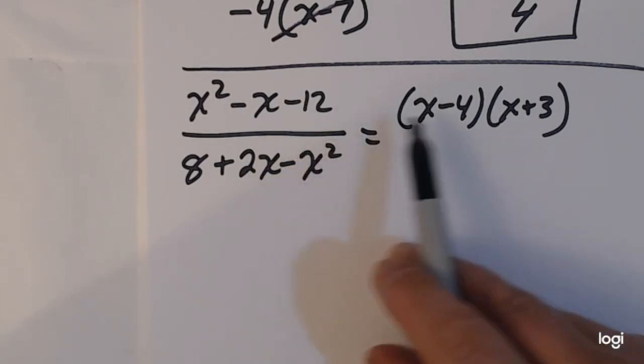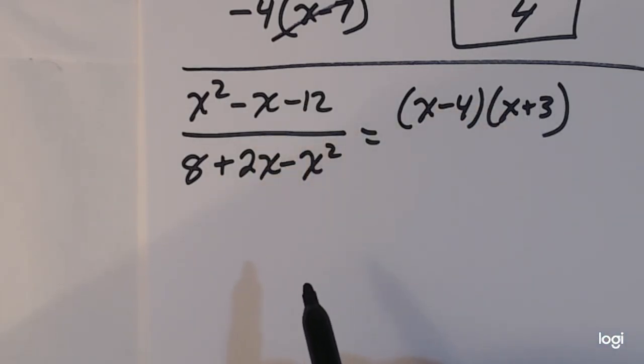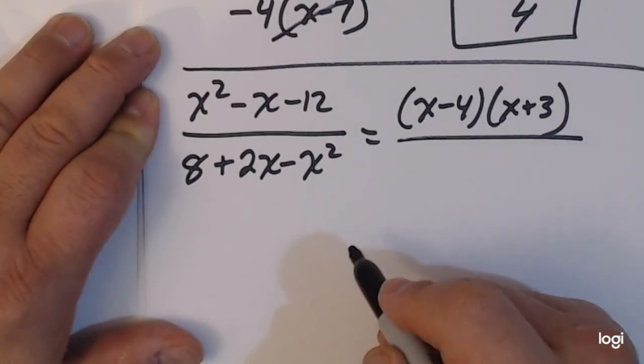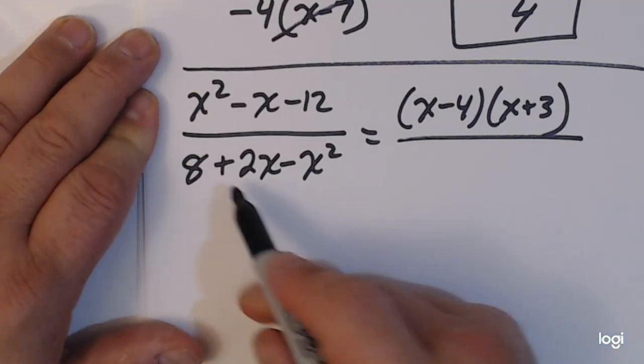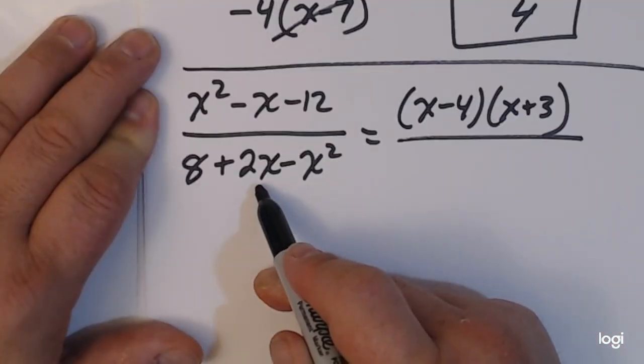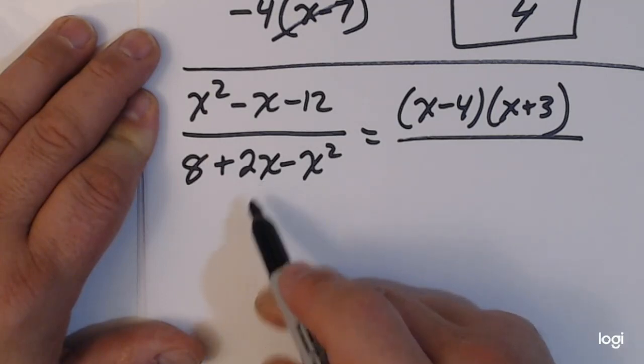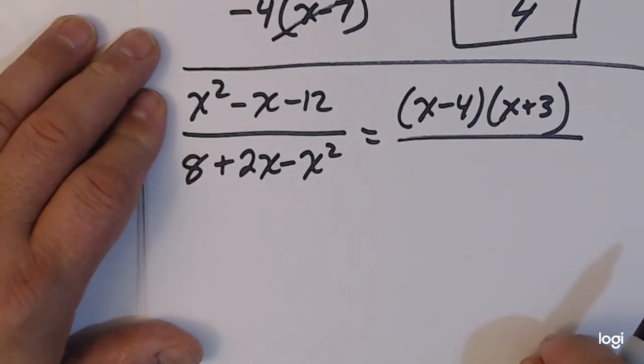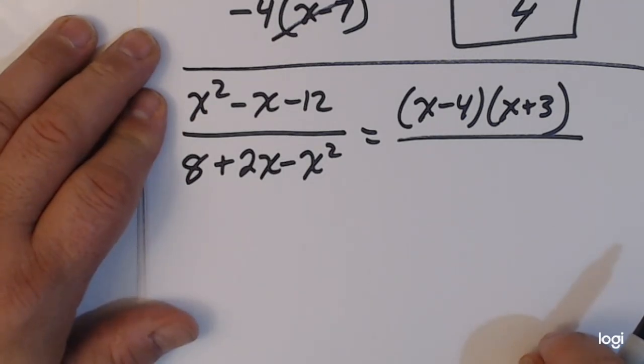So minus 4 plus 3 gives us minus 1. In the denominator, we need 2 numbers when multiplied together give us 8, and when added together give us 2. So I think that's going to be 4 and 2.